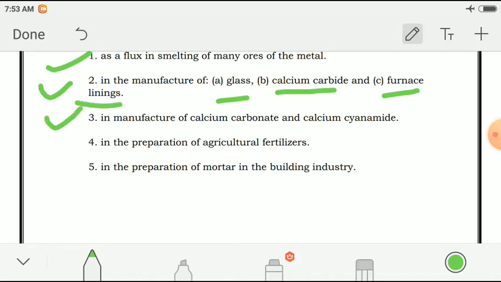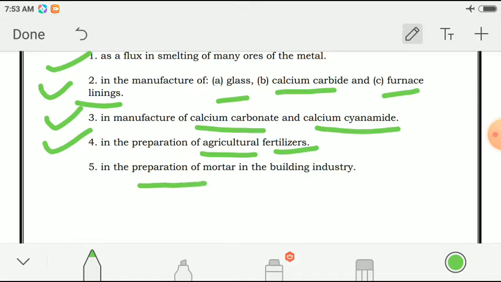Third, it is used in the manufacture of calcium carbonate and calcium cyanamide. Fourth, it is used in the preparation of agricultural fertilizer. And last, the fifth, is the preparation of mortar in the building industry. So these are the total 5 uses of calcium oxide.